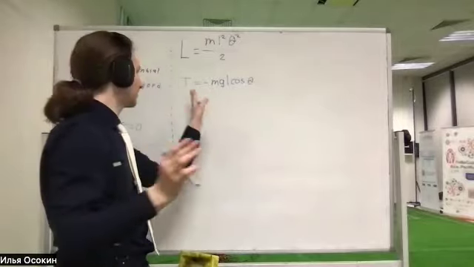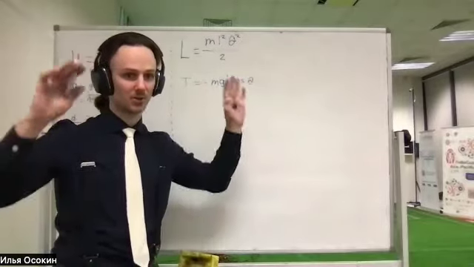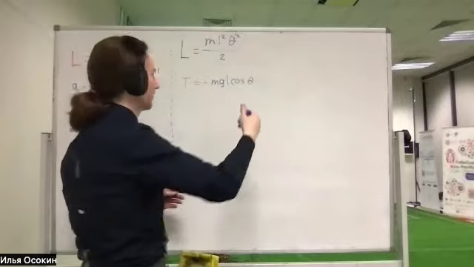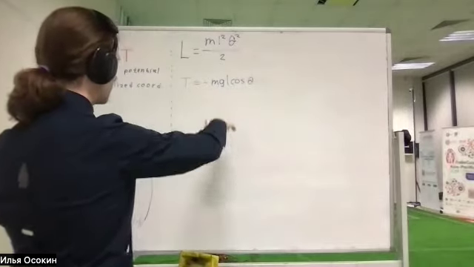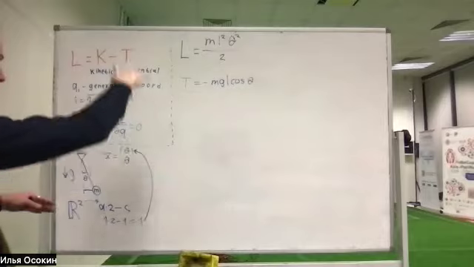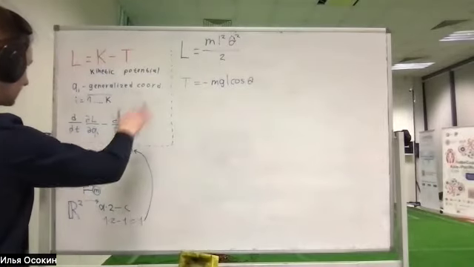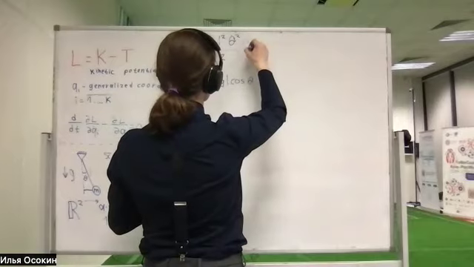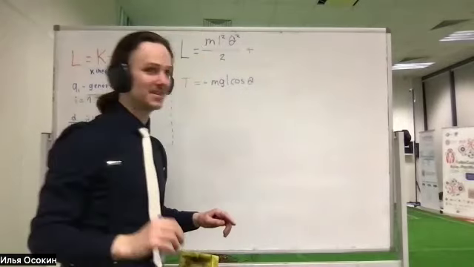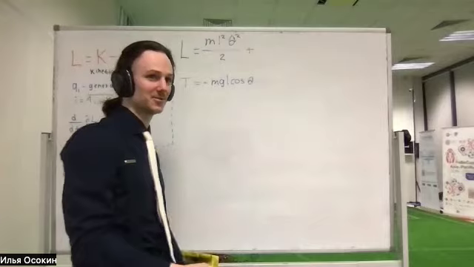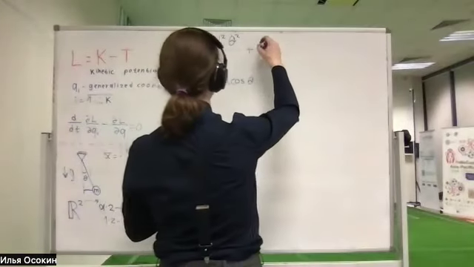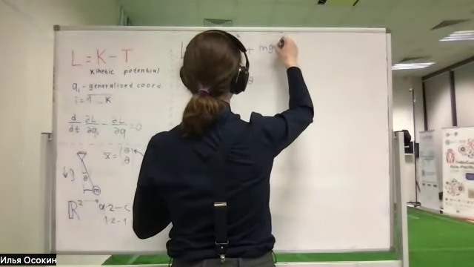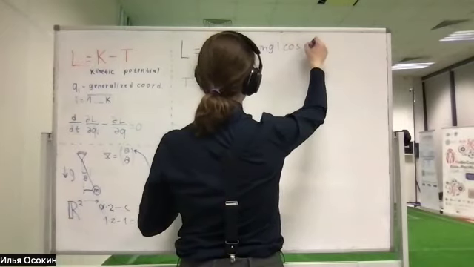I can miss this sign from time to time, so I'm just saying keep an eye on that. The potential energy is supposed to increase as we raise our object higher. Just to save you some debugging in the formulas. So it will be m g l times cosine theta.